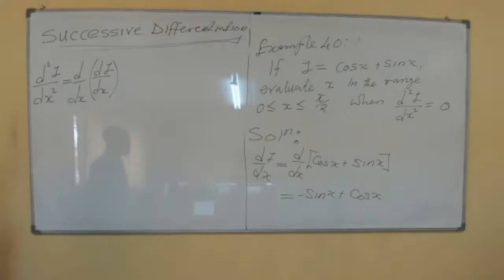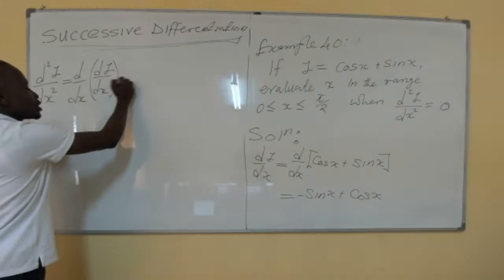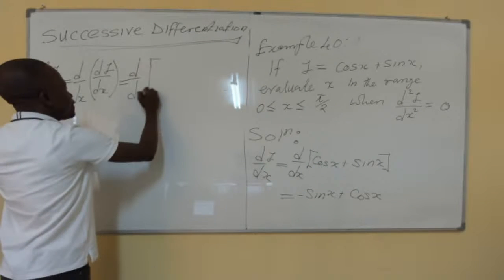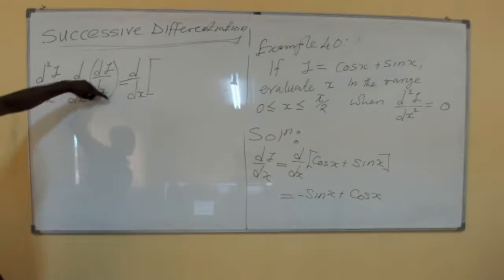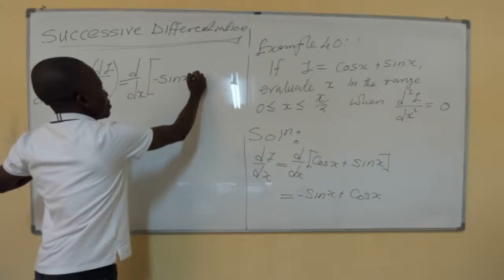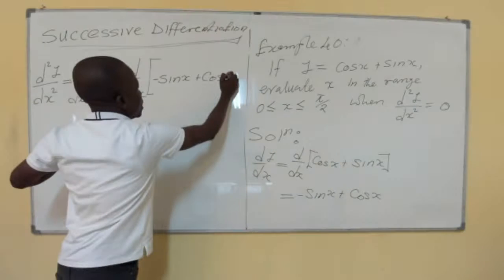The first derivative of y with respect to x is negative sine of x plus the cosine of x.